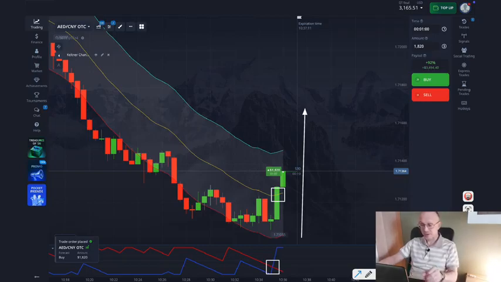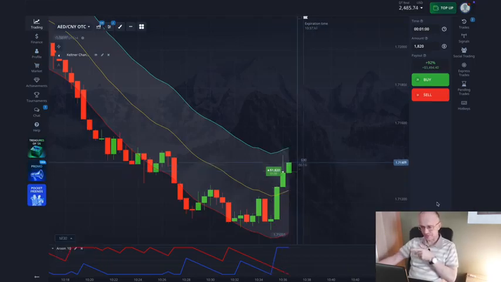At this point, the initiative gradually shifts to buyers. Candles begin to form higher, the movement becomes more directed and calm without sharp downward reversals. It's clear that the market is letting go of the downward scenario and is ready to develop new momentum. In such a structure, the expectation of profit seems logical and reasonable.